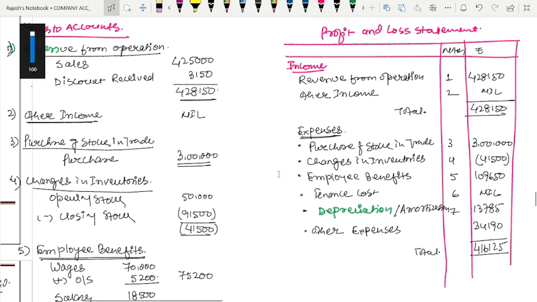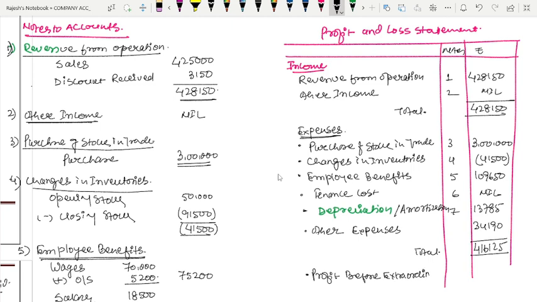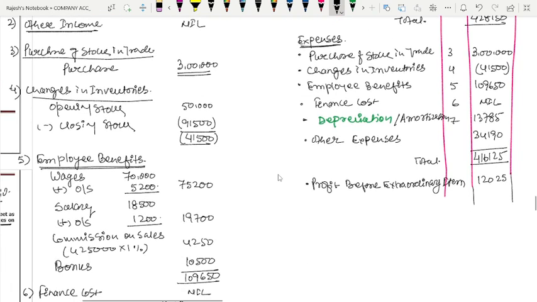Now we find out the profit before extraordinary item. Minus it, 428,150 minus this will be 12,025. Plus minus extraordinary item.